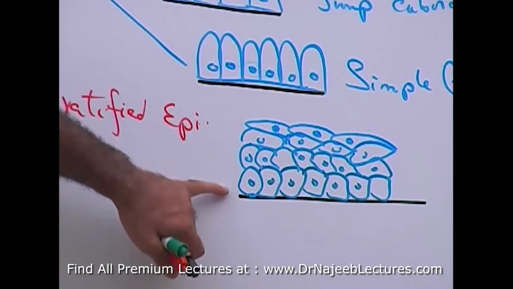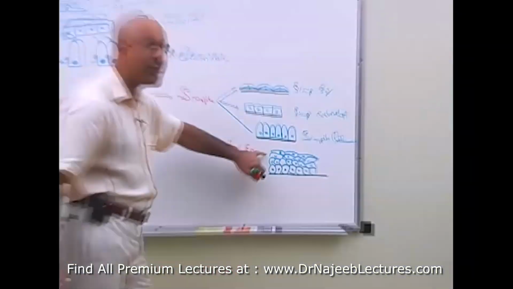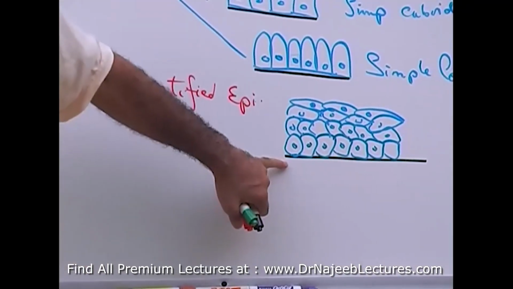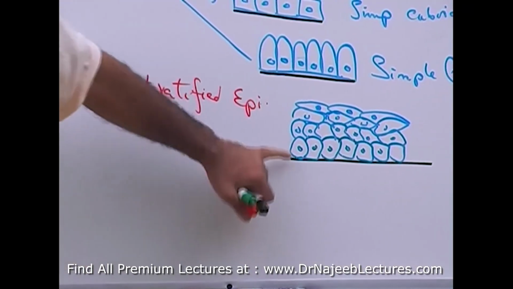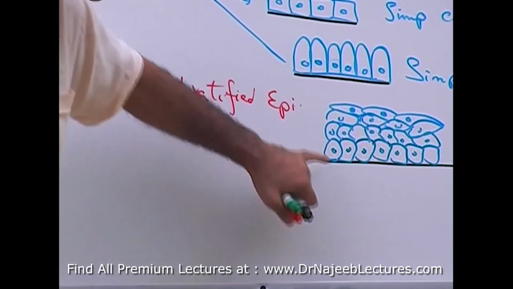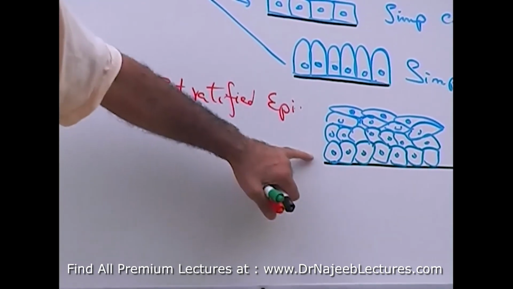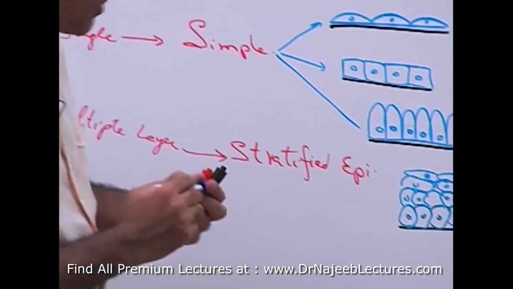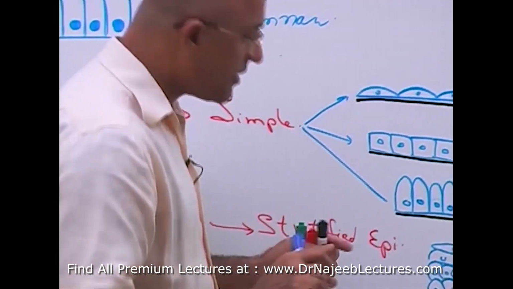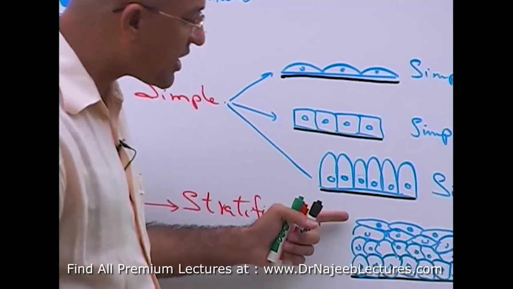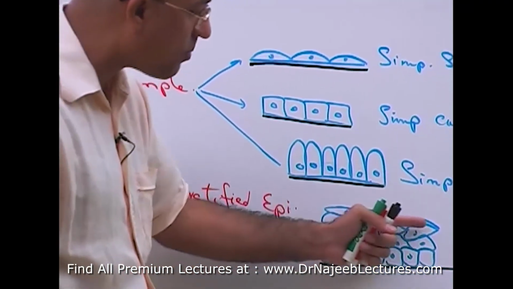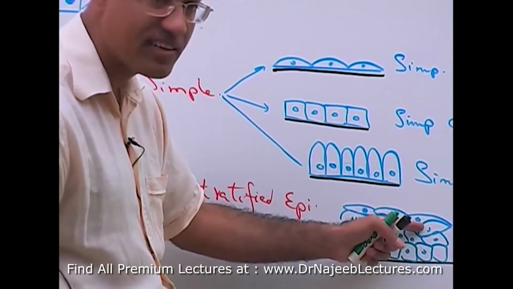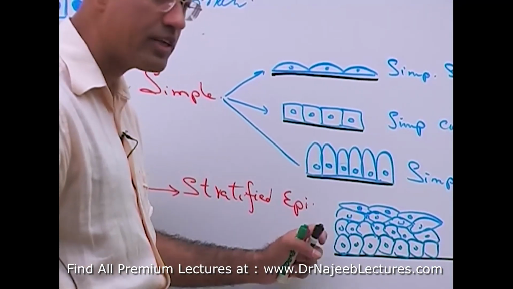Now, this is not simple epithelium, it is multi-layered epithelium in which only the basal cells are resting on the basement membrane and the other upper layer cells are not resting on the basement membrane. So such epithelium is called stratified epithelium. Now, stratified epithelium is named according to the cells which are present at the top. Now, the cells which are present on the top layer are squamous cells. So what kind of epithelium should this be called?